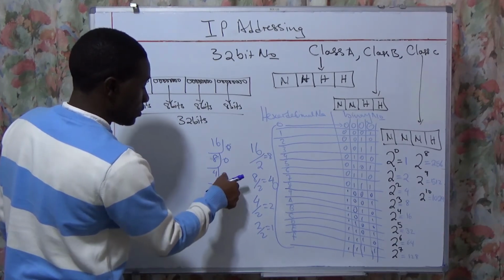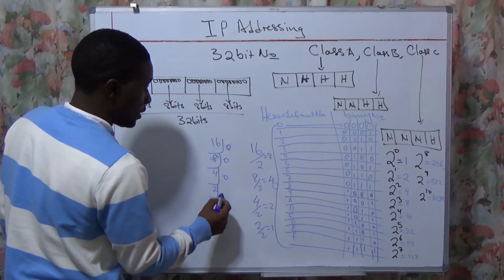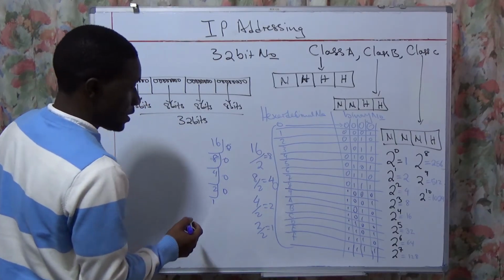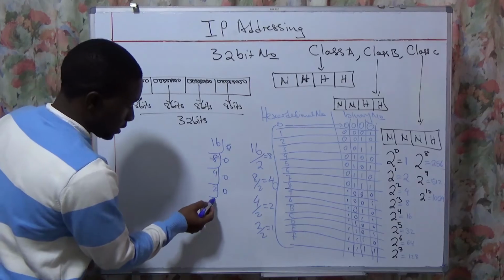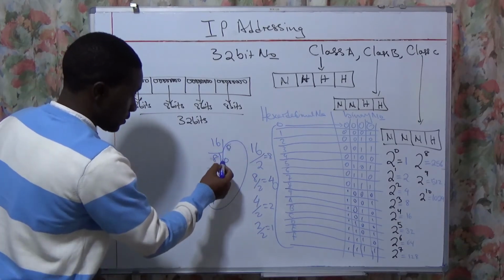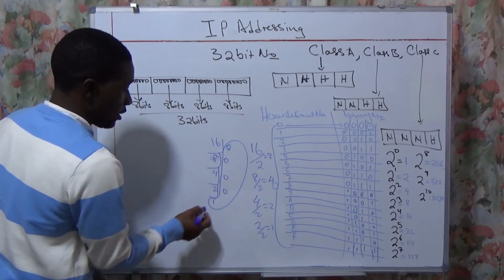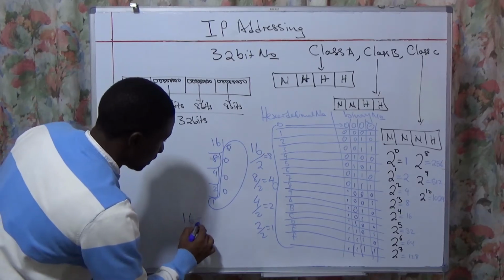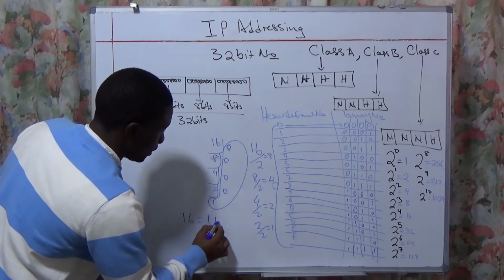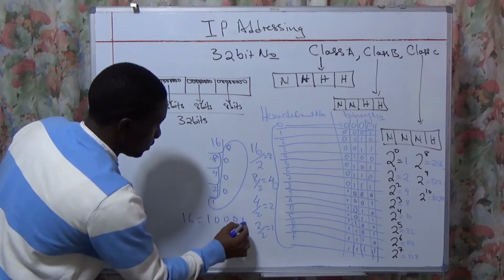And 2 divided by 2 is 1, remainder 0. So what is this? This is the binary conversion for 16 equals 1, 0, 0, 0, 0.